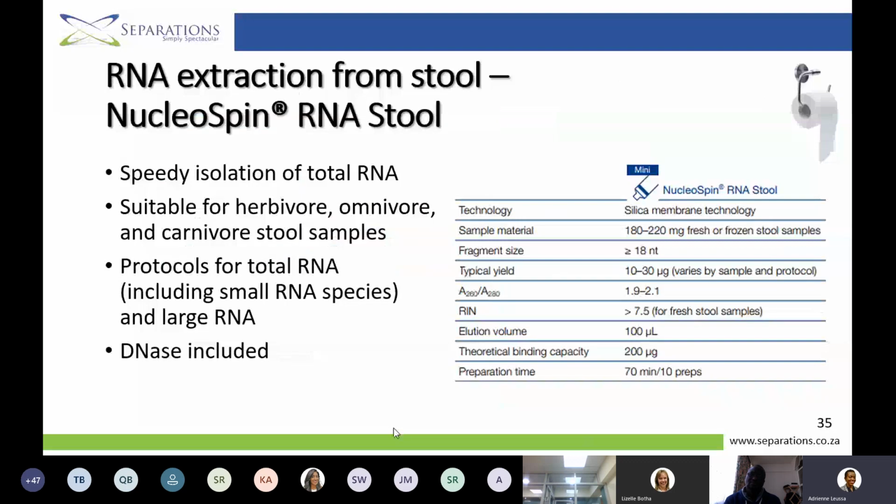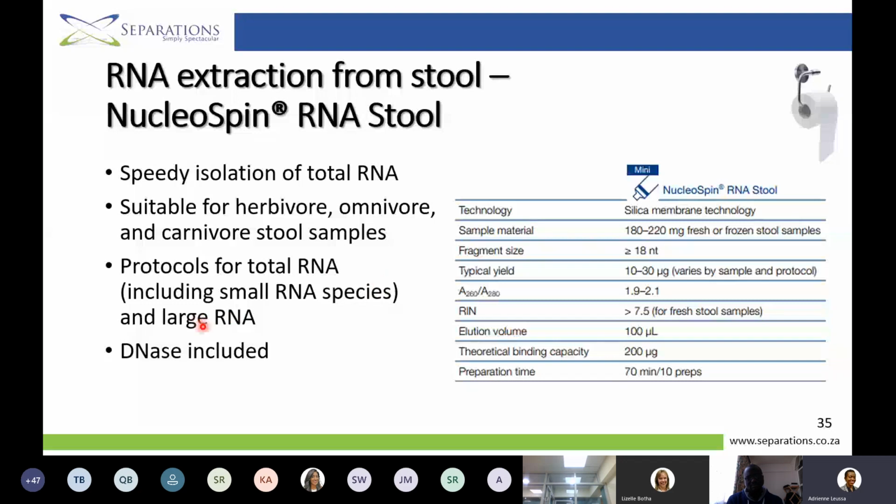If you are more interested in the RNA from stool, there is also a similar kit, the NucleoSpin RNA Stool kit, that will allow you to isolate total RNA. I just want to highlight that in isolating total RNA, contrary to competitor kits, you are also able to isolate the small fractions of RNA within that composite sample.